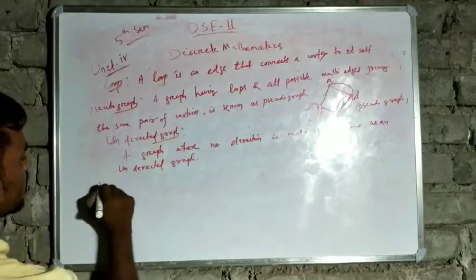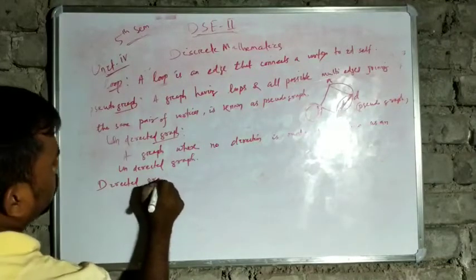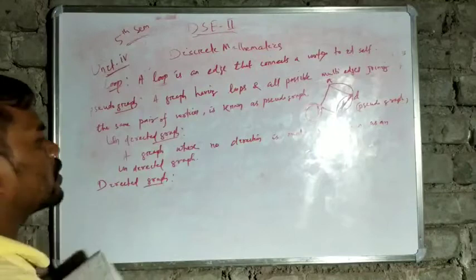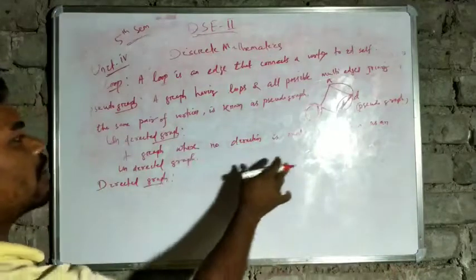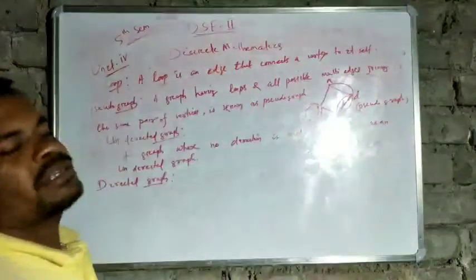So what is a directed graph? Similarly, a graph where direction is mentioned, means directed edges are there.